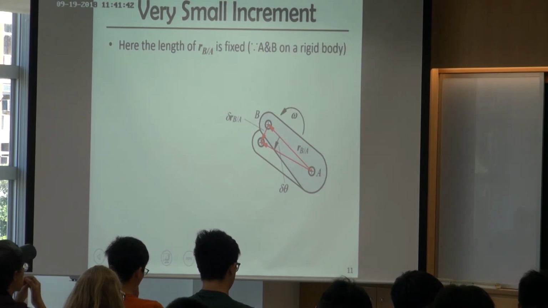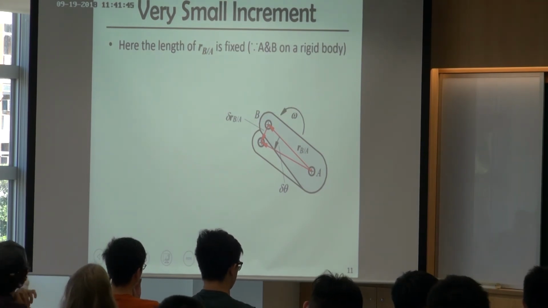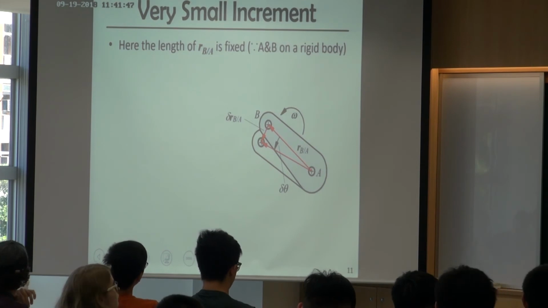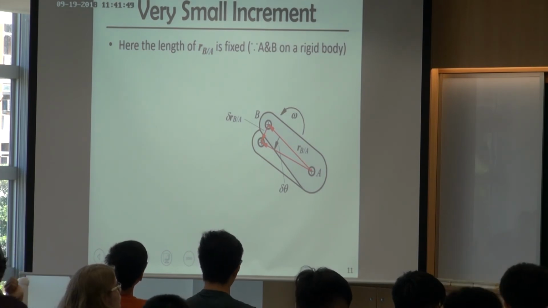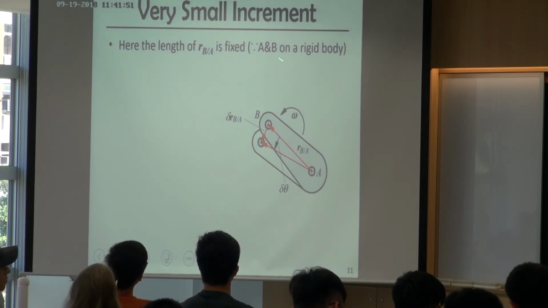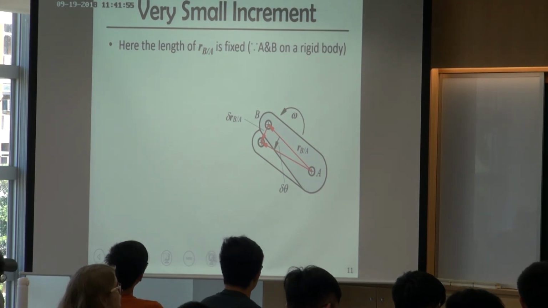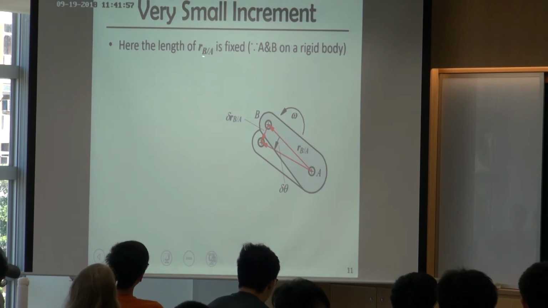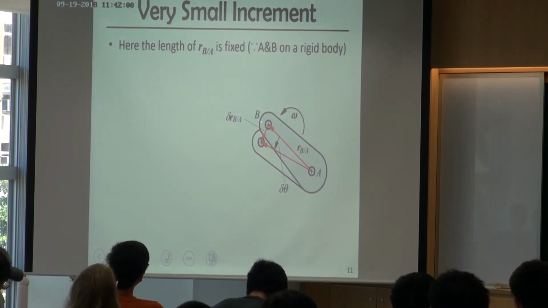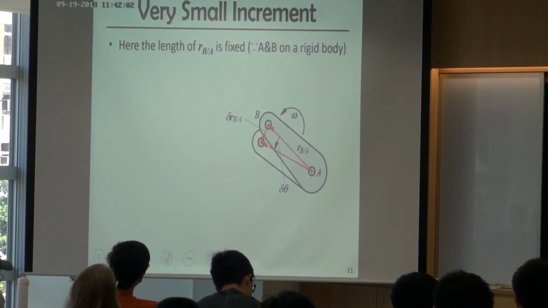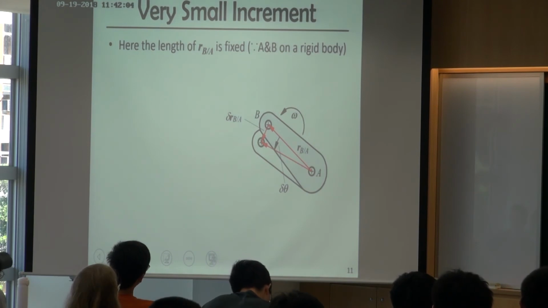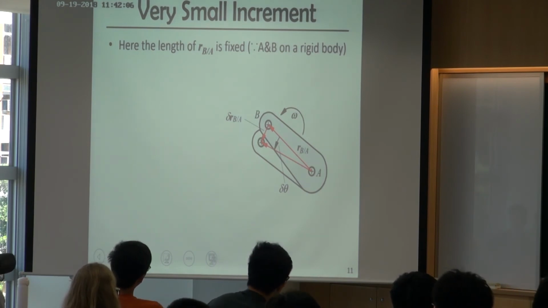It's not changeable. But in the second part of the velocity analysis, we'll consider RBA changeable. We'll see that later. Right now, for this rigid link, the orientation may change, but the length of RBA is fixed.